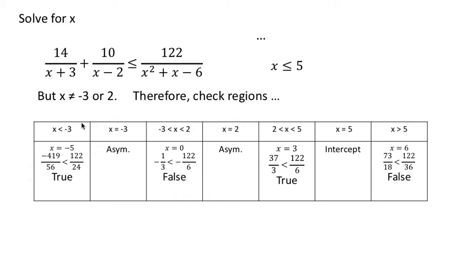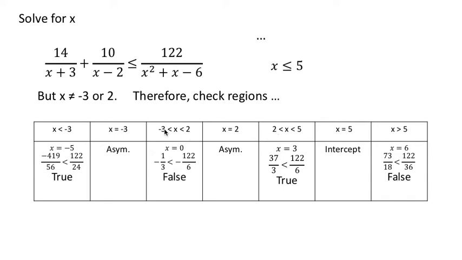Let's see what's happening. When x is less than negative 3, if you put the number in here, you will get a true statement. If you put a number between negative 3 and 2 in here, you get a false statement. So we can see that it works for less than 5, but only down to 2.